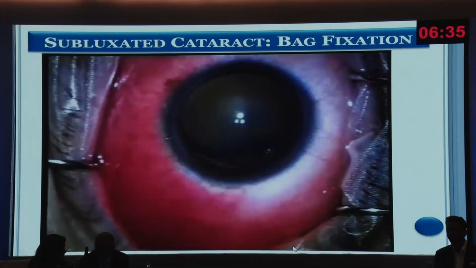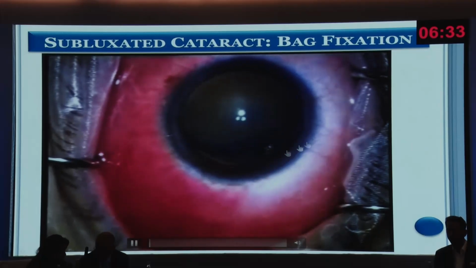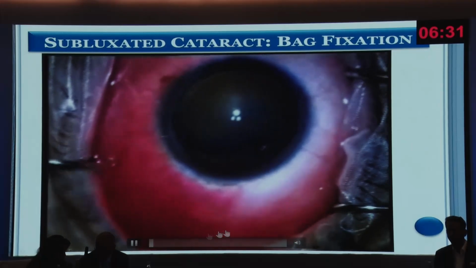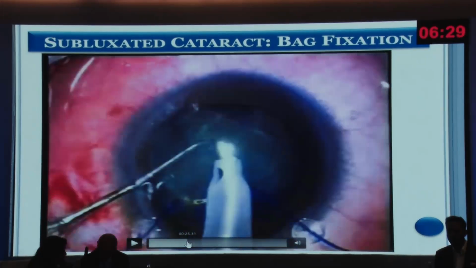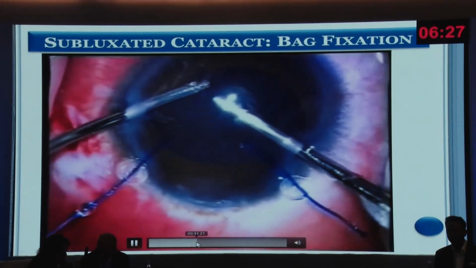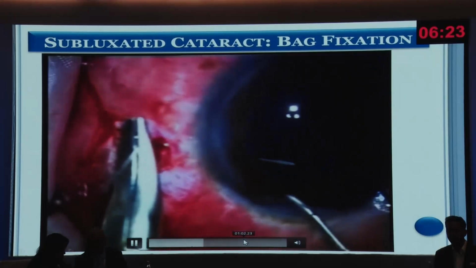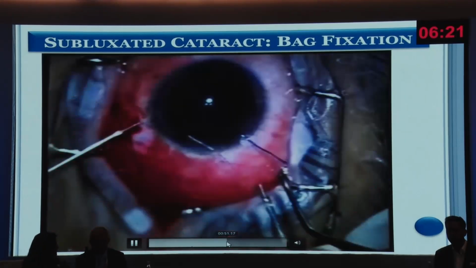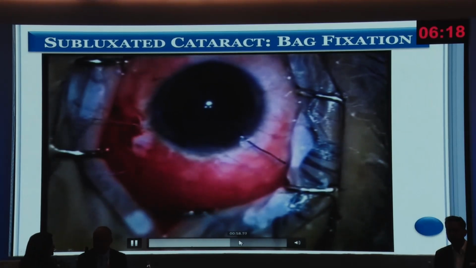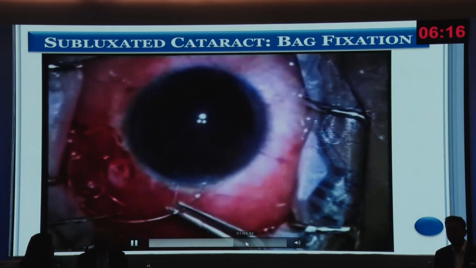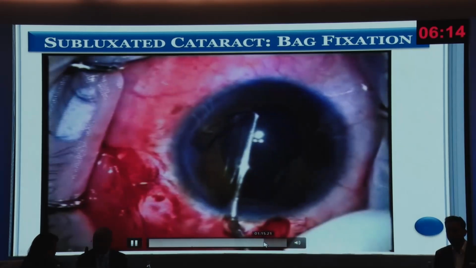If the zonular dehiscence is more than that, something close to 150, 170 degrees, then you have to fix the bag with the help of a Sione's ring. As I can see, I'm using a bimanual irrigation aspiration. A Sione's ring with an eyelet is placed in the bag, and the bag is fixed.